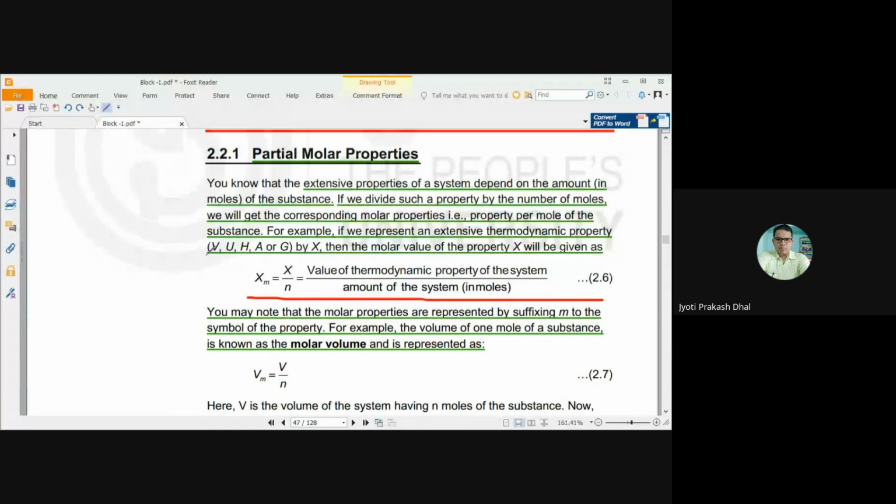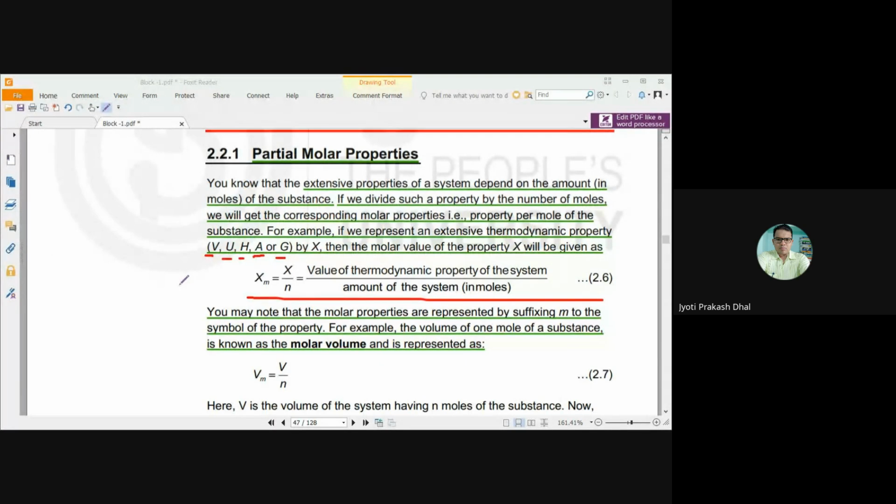Just like volume, internal energy, enthalpy, Helmholtz energy, Gibbs energy, all these are called extensive thermodynamic properties. And what are intensive thermodynamic properties? Intensive thermodynamic properties are the properties which are independent of the amount of substance present in the system.